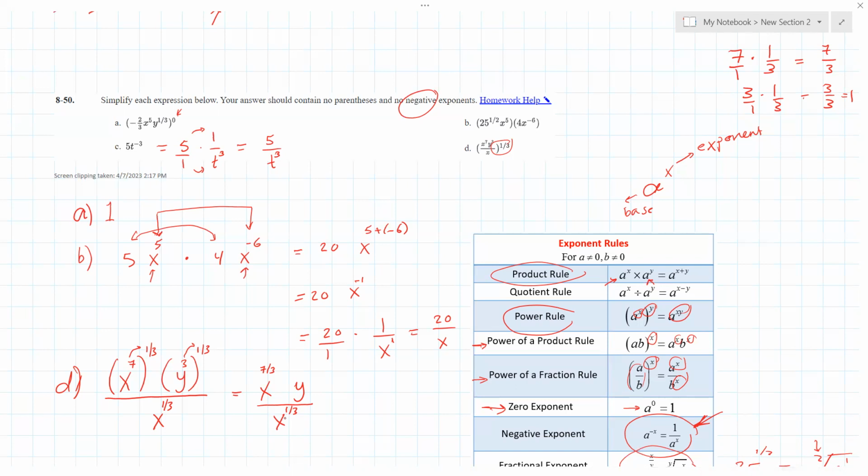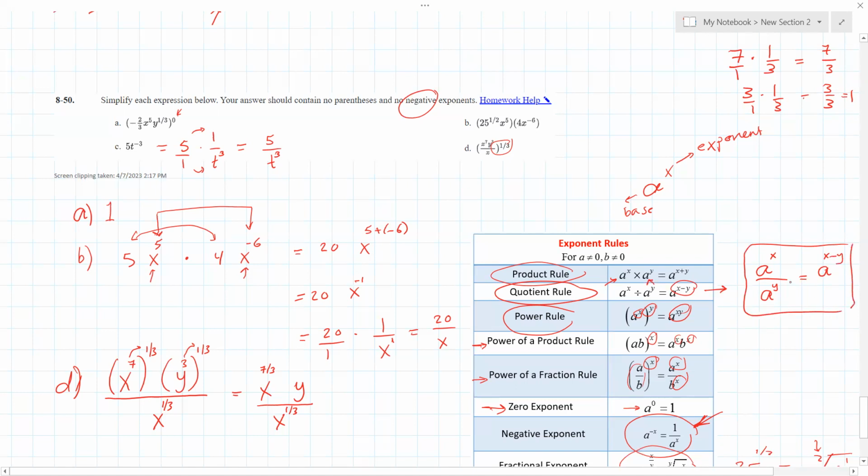And now when we have division, look at the quotient rule. a to the x divided by a to the y, we subtract the exponents. So this is a to the x minus y. So once you see division, and still we have the same base, a in the top and a in the bottom, in this case, we subtract the exponents.